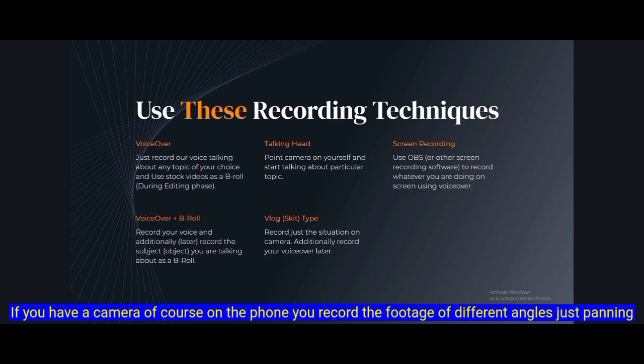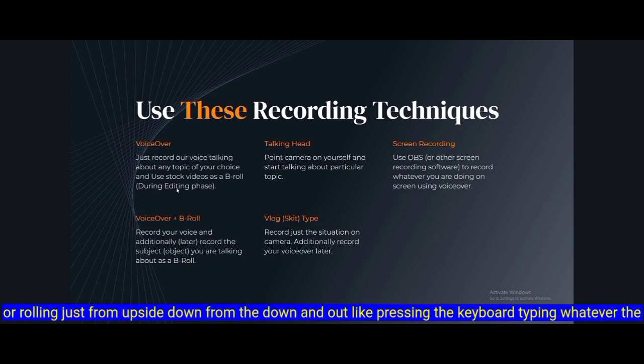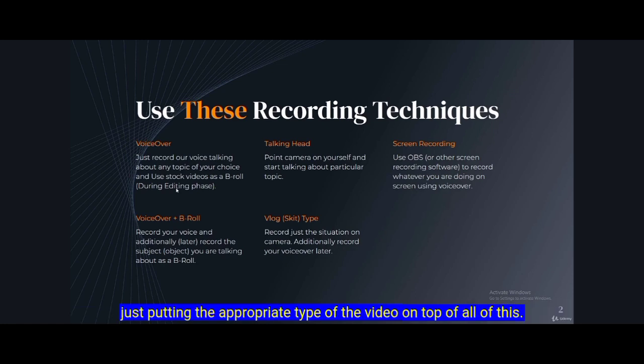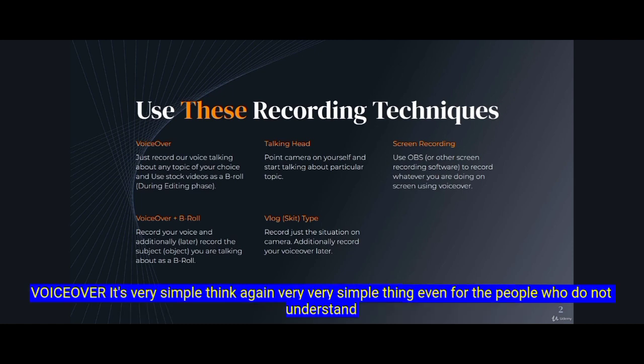Just record footage from different angles, panning, rolling, from upside down, from down and up, pressing the keys, typing, whatever you can do on a keyboard, you're just doing it, and then you're just talking about it and putting the appropriate video on top of this voiceover. It's a very simple thing, even for people who do not understand video recording.